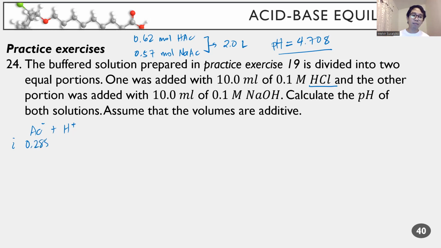It's 0.285 kasi 1 liter portion lang yung pinag-uusapan natin dito, right? Opo. So in the 1 liter portion is just 0.285. Now, how many H plus did you add in this mixture? 0.1 moles, 10 milliliters. So 10 divided by 1,000 times 0.1.